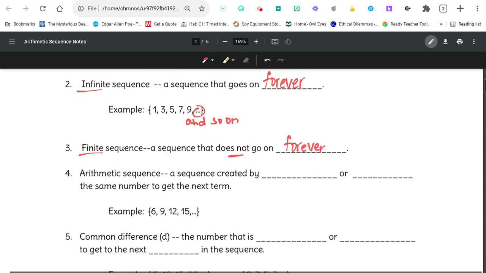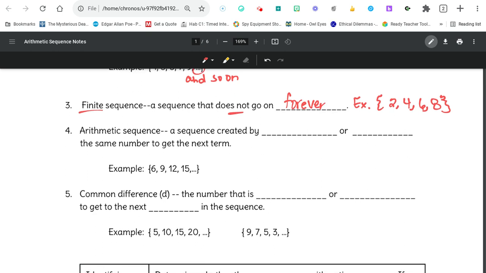Sometimes you'll see sequences that just stop. This is a sequence, but you don't see the ellipses, so it doesn't go on forever. It stops after the 4th term.